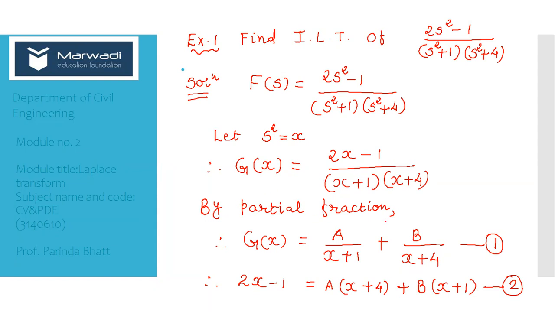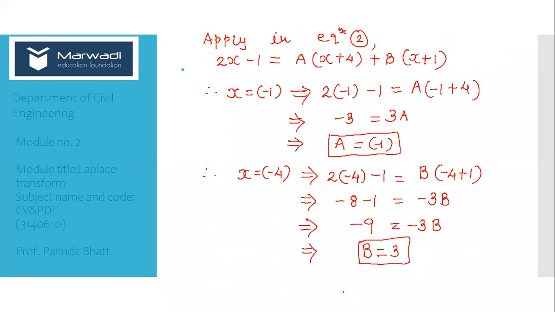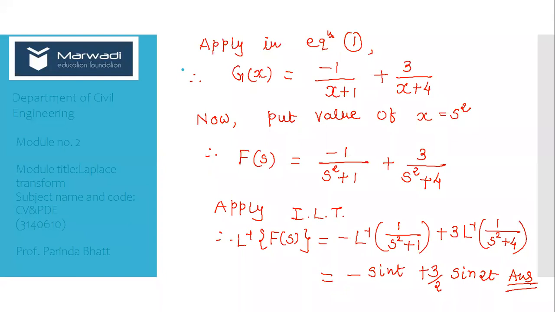Now by using the partial fraction method, we can separate this using the type number 1. Now taking the LCM, here we write the numerator on the left side. Then find the value of A and value of B. Apply this value in g of x, and convert our example into the simplest way.